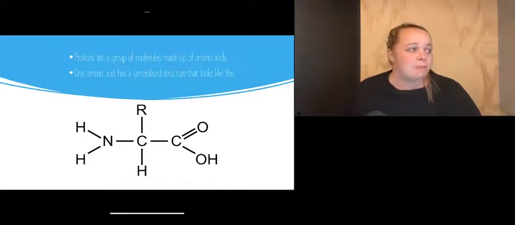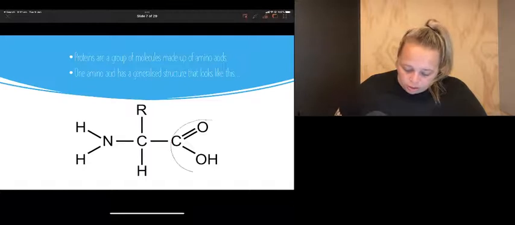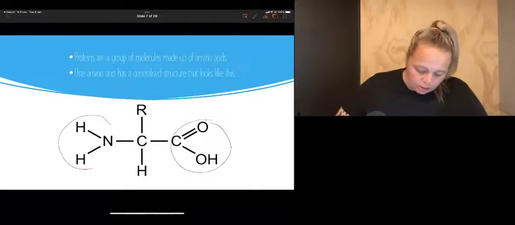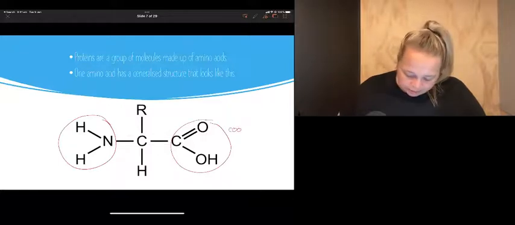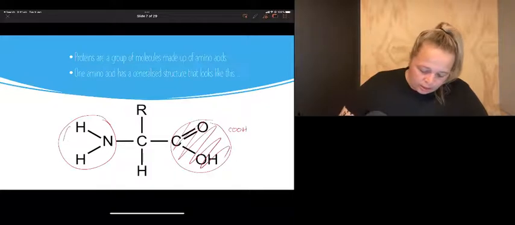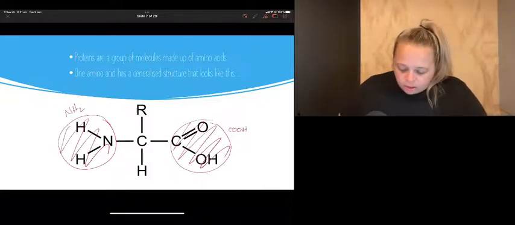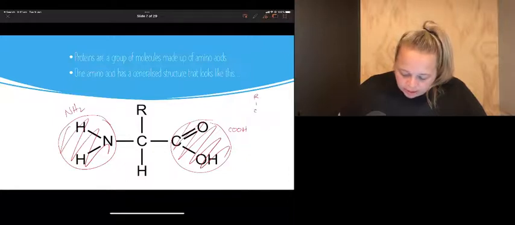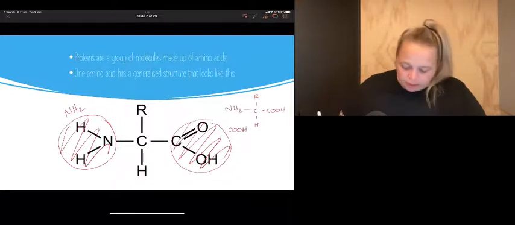So here is a basic amino acid. You can also reduce this COOH and this NH2 over here to just be this. You don't have to draw it as this. When I redraw that, you could draw an amino acid as an R with a C, COOH on one end and NH2 on the other end.